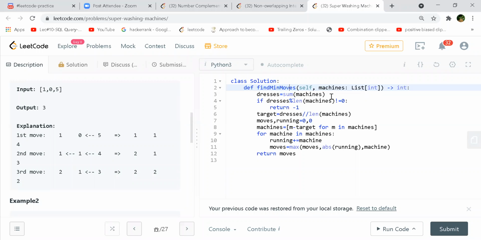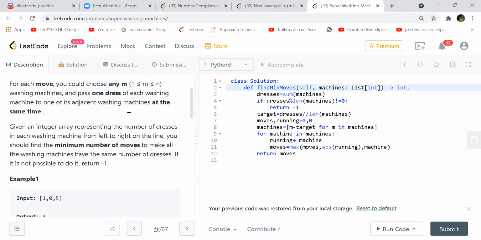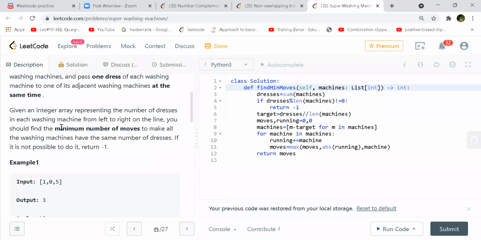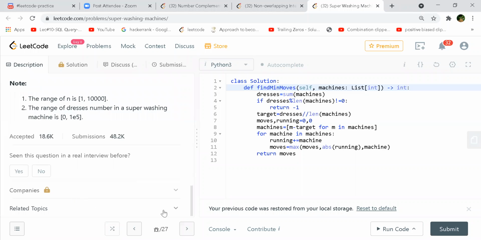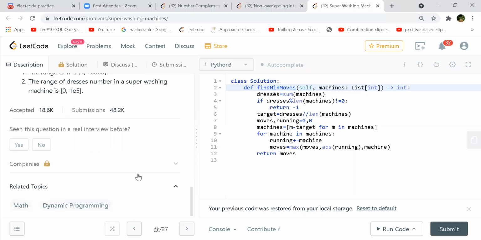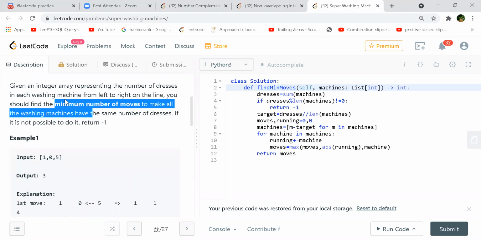But if you look at the description, somewhere they said it's a greedy approach and also DP, I think, right? Or no? Greedy, no, I think it's not greedy. DP and maths, they are saying. In the related topics, they don't talk about the greedy approach. It's dynamic because of this optimization, minimum number of moves. Because of that, I think DP comes into the picture.